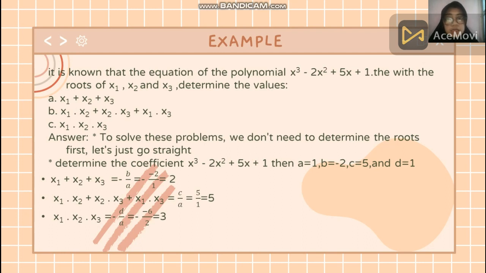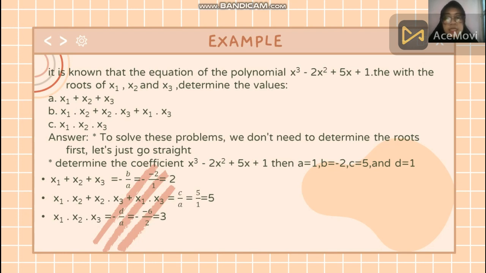x1 plus x2 plus x3 equals minus b over a equals minus (minus 2) over 1 equals 2. x1 times x2 plus x2 times x3 plus x1 times x3 equals c over a equals 5.